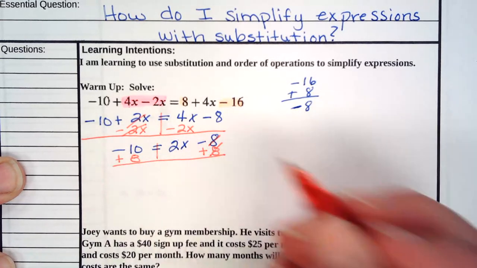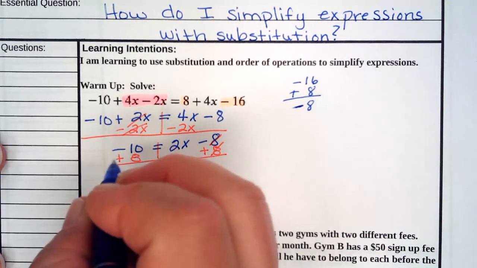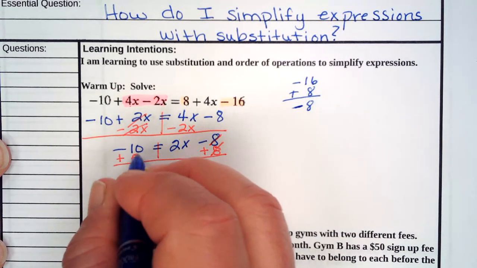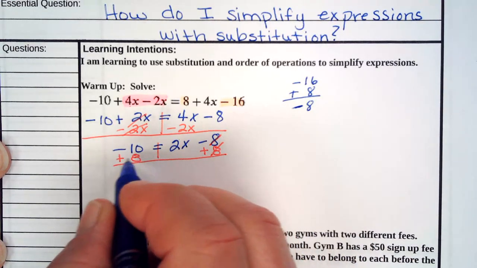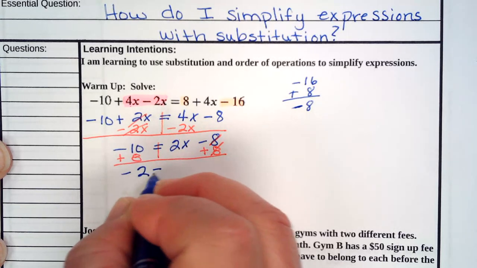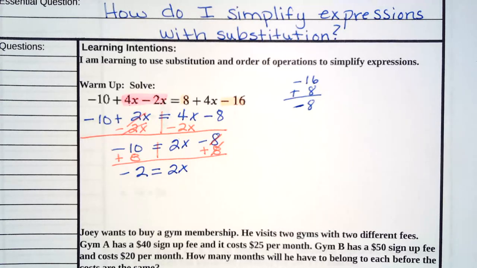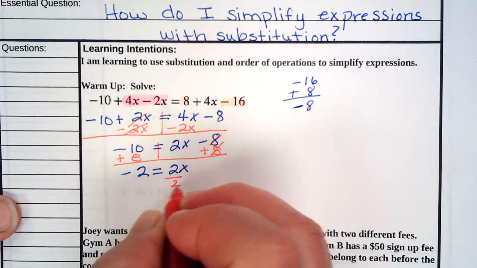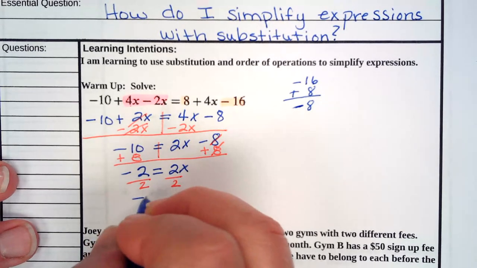I've eliminated it from one side. Negative 10 plus 8, they're opposite symbols, so I subtract. 10 minus 8 is 2. Keep the symbol of the 10, which is negative. So it's negative 2 is equal to 2x. Last step, divide by 2. Negative 1 is equal to x.